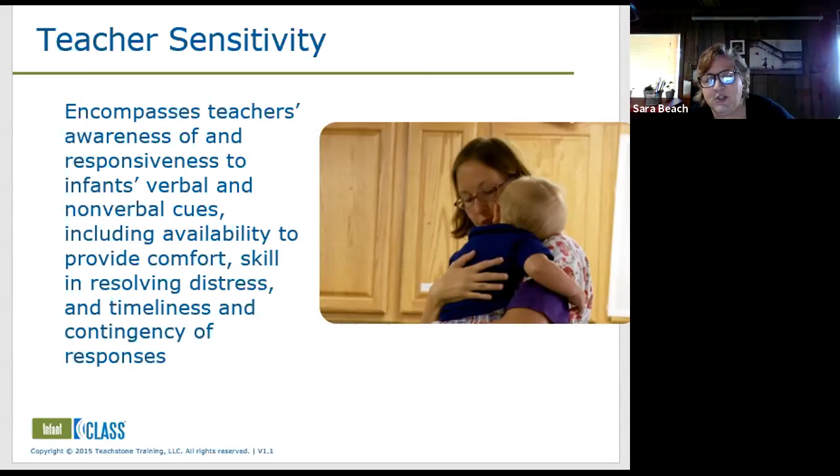They were comfortable. They came up to the teacher when they needed something, and then they ventured off, like you said, and they were comfortable exploring their environment. And that's a clear sign of a sensitive caregiver.